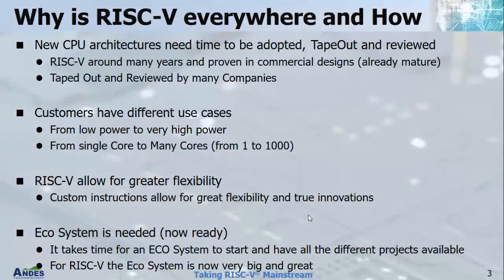And then another point is RISC-V allows for greater flexibility. First, you can add custom instructions and you can speed up your specific workloads. That can be an FFT analysis, that can be an FIR, or that can be a convolutional neural network for your special case.